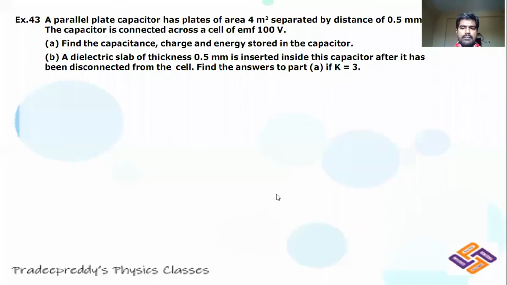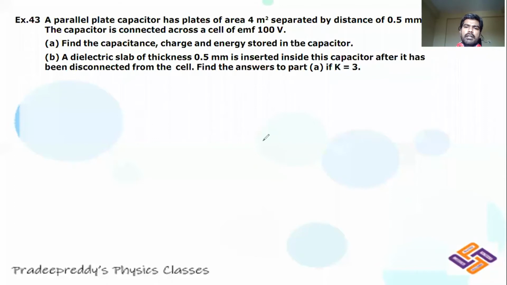Now students, in the previous lecture we have learnt about the effect of dielectric medium in between the capacitor plates, and we have even learnt what happens when you are connecting a battery and disconnecting a battery with presence of dielectric medium.